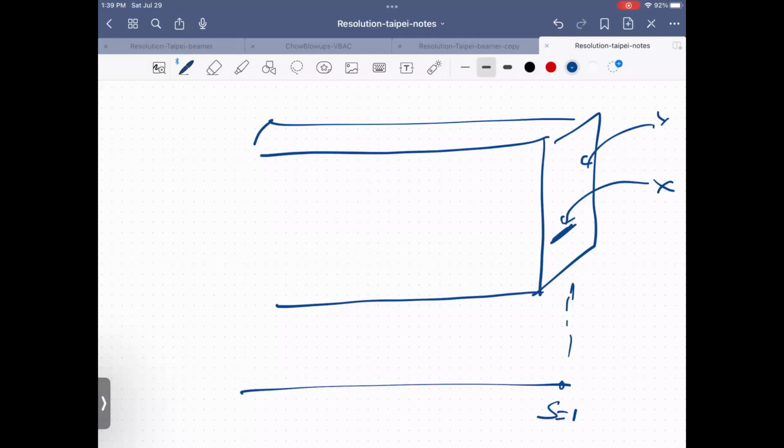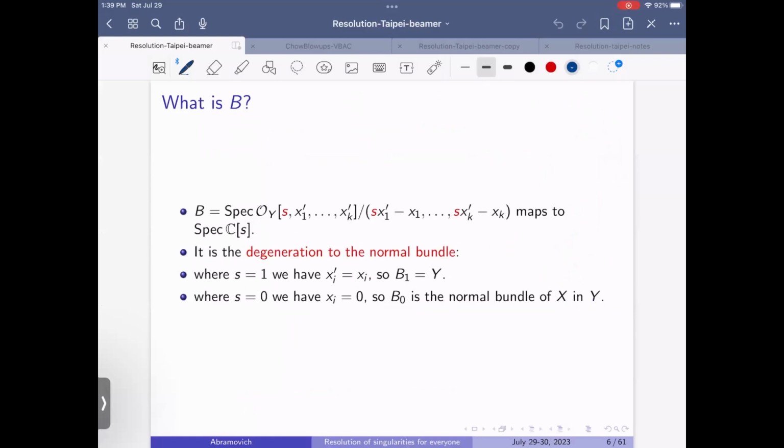When I set s equals 1 in all this equation, then xi becomes equal to xi prime. So I might as well throw away s because I set it to 1, and I throw away xi prime because I said they are equal to xi. So the fiber of B over 1 is just y itself.